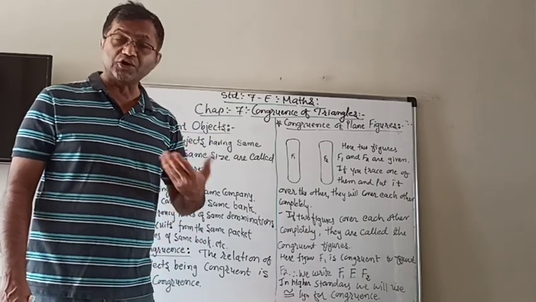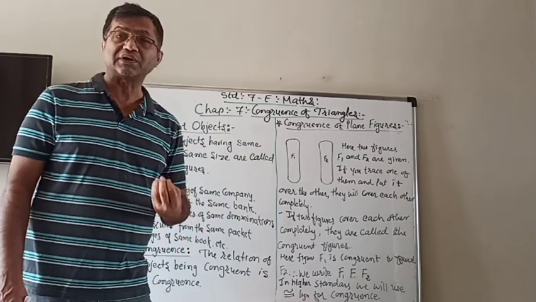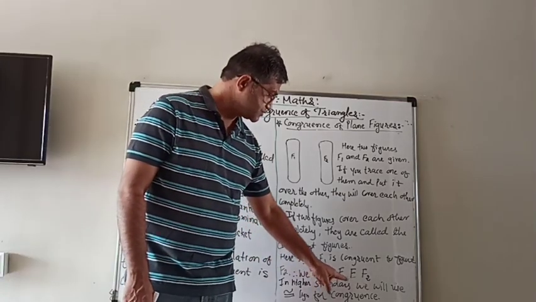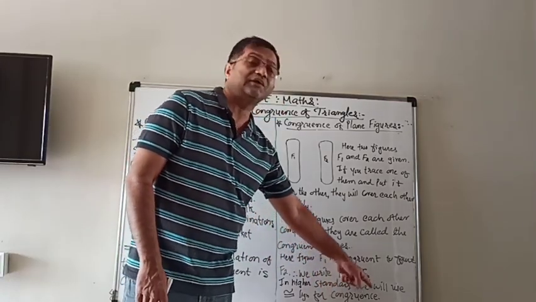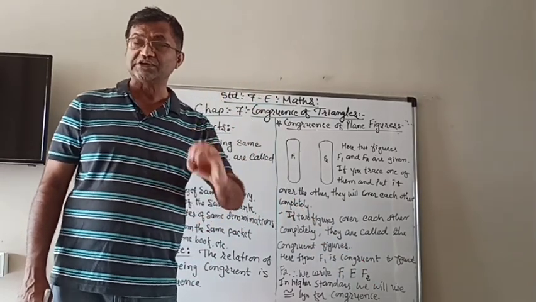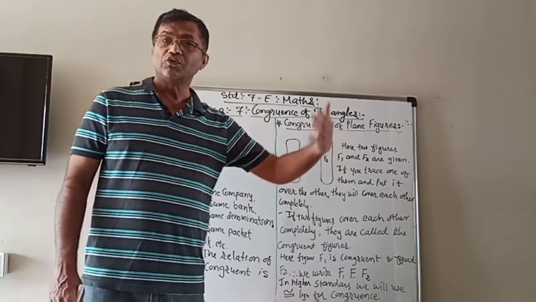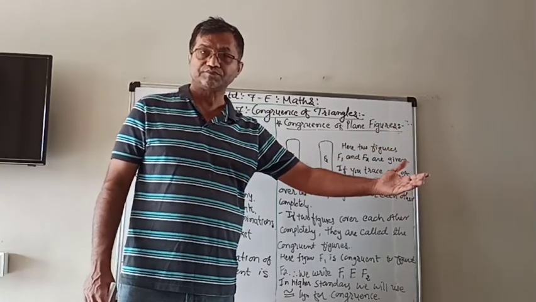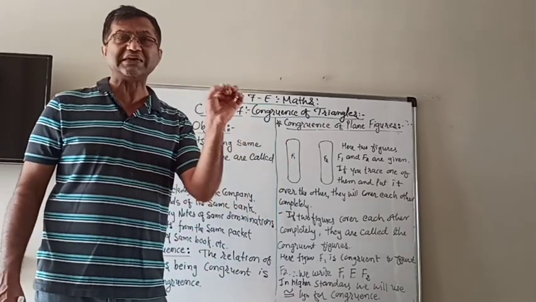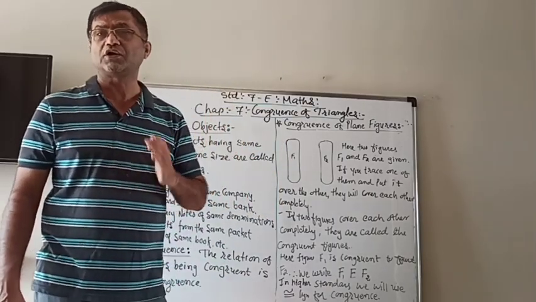And in notation, how can we write it? We write it as F1 ≅ F2, and we read it as: the figure F1 is congruent to figure F2. Now in this standard we have to use that symbol for congruency.